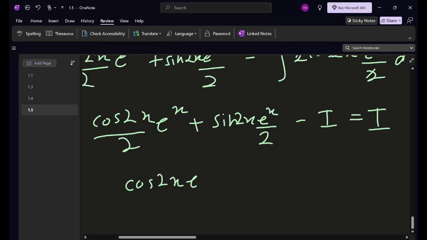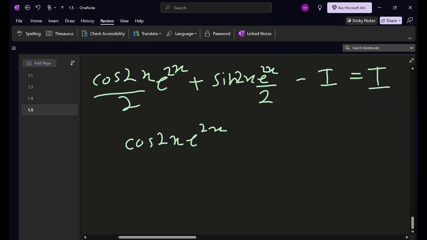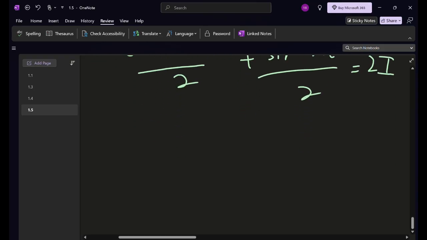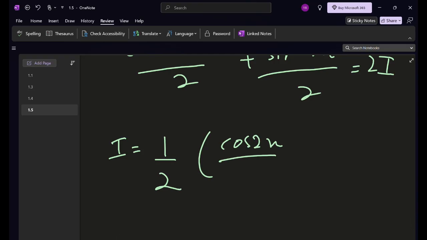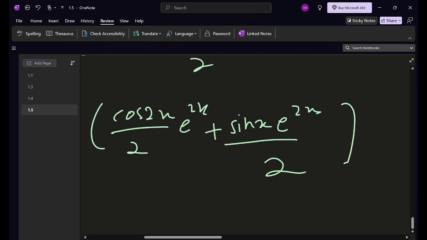So cos 2x e to the power 2x by 2 plus sine 2x e to the power 2x by 2 is equal to 2I, which now if we write it in terms of I, can be written as I is equal to 1 by 2 of cos 2x by 2 e to the power 2x plus sine 2x e to the power 2x by 2.